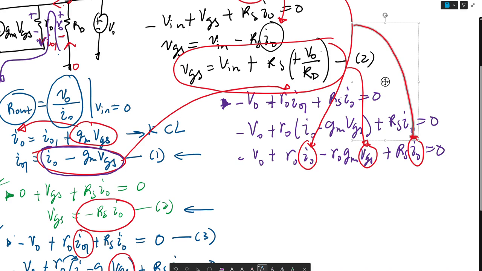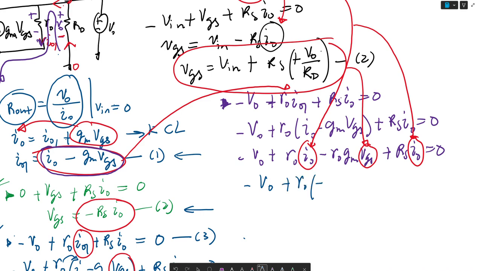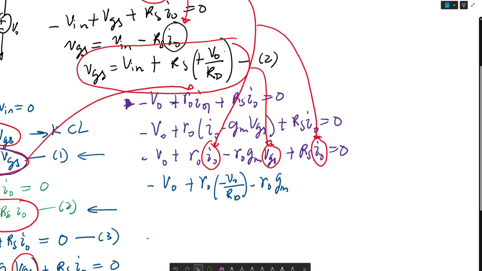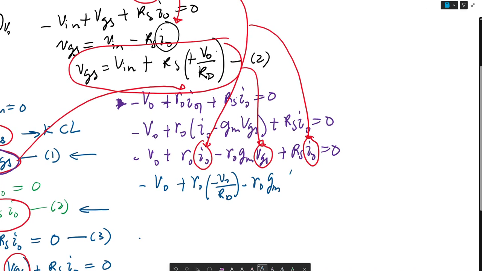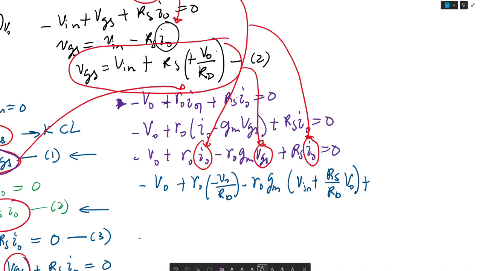So this gives us, let me use blue, minus VO plus RO times (minus VO over RD) minus RO gm, and I'm going to plug in that entire equation, this is VN plus RS over RD VO, plus RS times (minus VO over RD) is equal to 0.